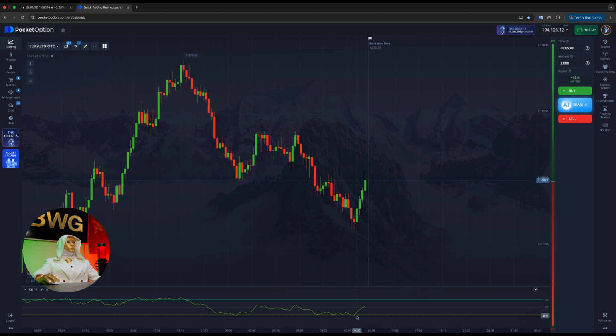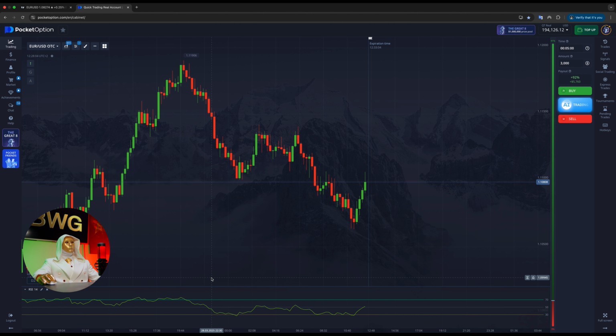When the indicator is below the level of 30, this will signal to us that the asset is oversold, and that we may consider its further purchase. So it will definitely signal to us that we do not consider short positions. A similar position is when the indicator goes beyond the level 70, as in this case. This may signal to us a further short movement, but it is not yet a confirmation that we need to sell, because it may be there a little longer than we expect.